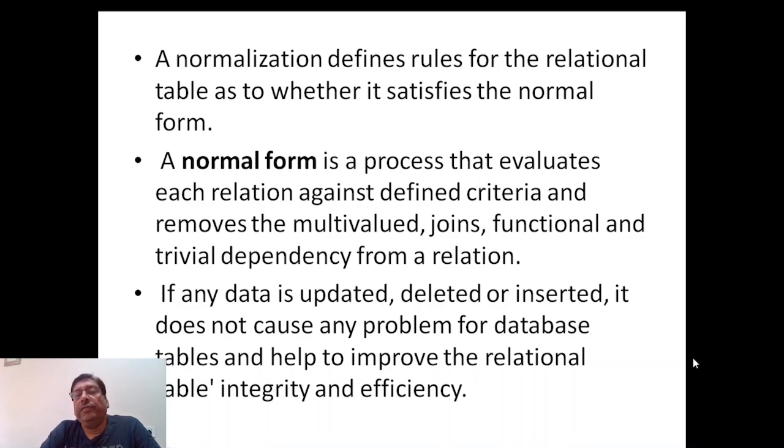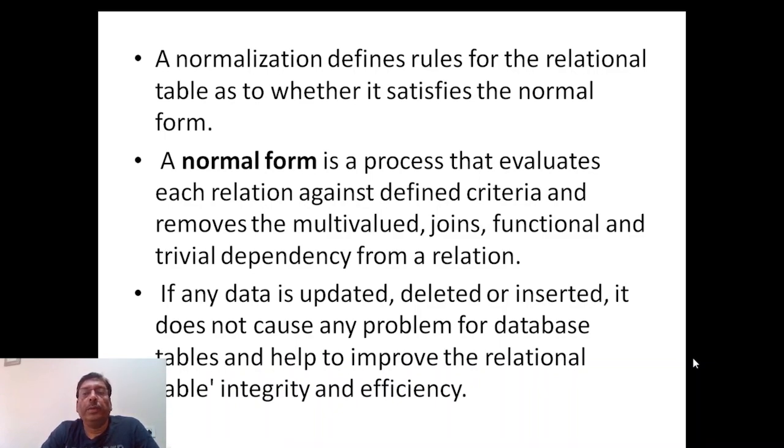Normalization basically defines some rules for the relational table as to whether it satisfies the normal form. So whenever we design a database, we work with the concept of normalization, and there are various forms of normalization which we need to understand. Then we need to see whether our relation satisfies the rules of these normal forms or not.